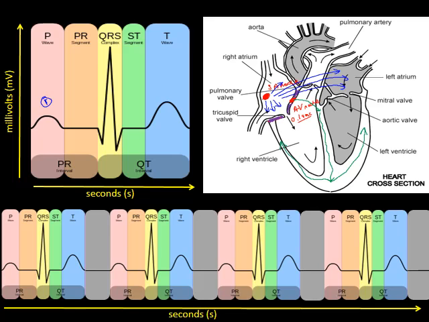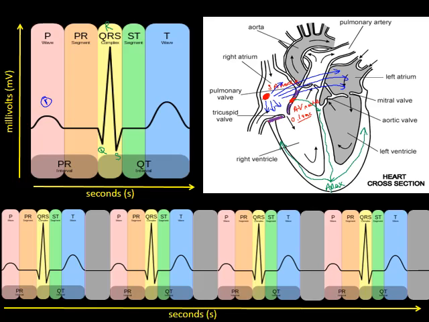And that causes the ventricles to depolarize from the bottom up and therefore contract from the bottom up. So the QRS complex, if that's Q, R at the top and S back down here, corresponds to ventricular depolarization and ventricular contraction.